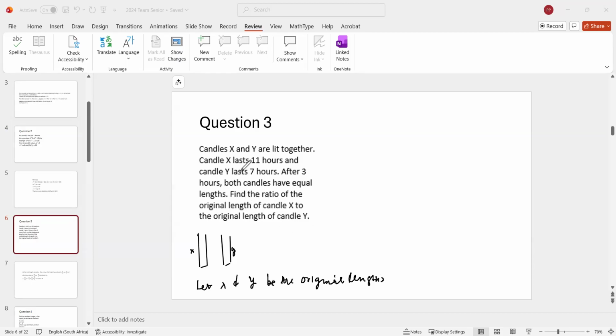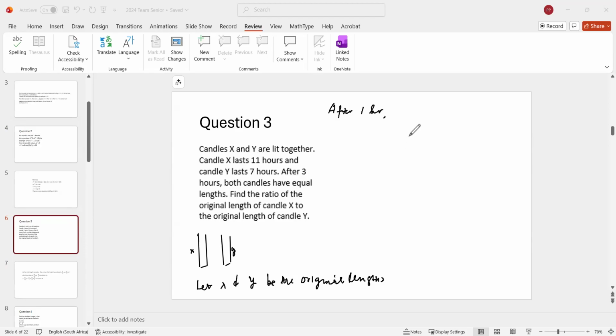Now, candle X lasts 11 hours. So after 11 hours, this thing comes down to 0. And I presume it's burning evenly. Usually in problems like this, you bring it down to a unit. You need to know what happens after 1 hour. Okay, let's do that. After 1 hour, it lasts for 11 hours.